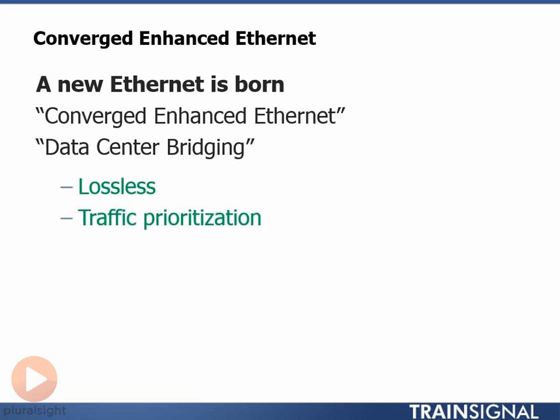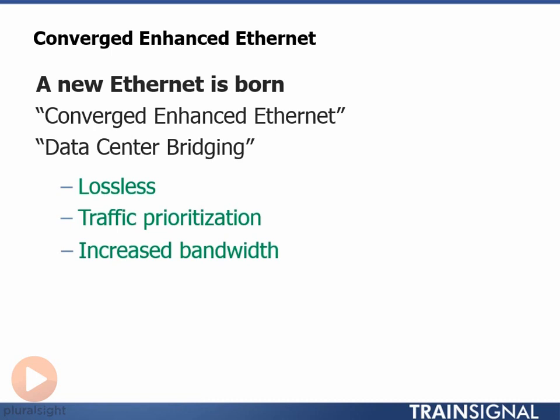This priority is indicated by tagging the Ethernet frame with an encoded priority. Another major change that is part of CEE or DCB networks is increased bandwidth, starting out with 10 gig but quickly moving to 40 gig and in the future 100 gig.